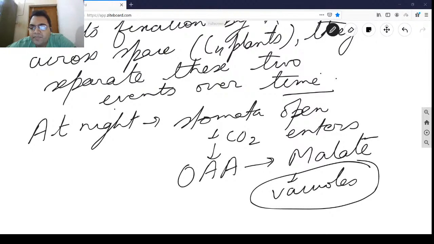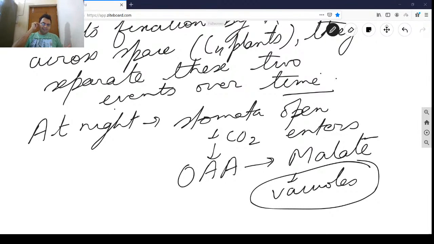Now during the day, the stomata close and prevent the water loss that would result from high daytime temperature, and the CO2 which has been trapped overnight in malate is now released as CO2 by the NADP linked malic enzyme pathway that I had just shown you. This CO2 is now assimilated by the action of Rubisco and the Calvin cycle enzymes, because in the daytime the stomata are shut, so no CO2 can come in.